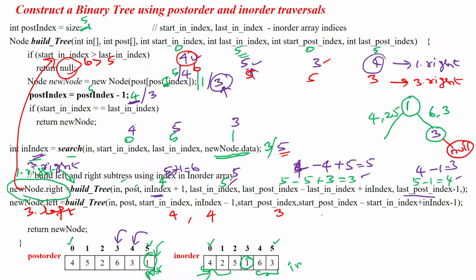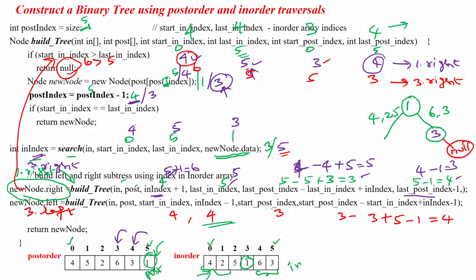So start post order index 3 minus 3 plus in index 5 minus 1. So it will be 3 plus 5, 8, 8 minus 4, 4. So now we are passing these values as recursive parameters. So 3 dot left, again we will call, here starting index is 4, here this is also 4, and here 3, and here 4.